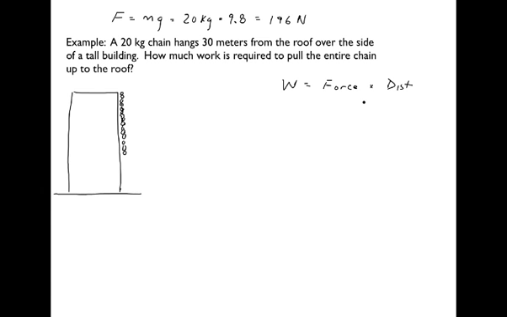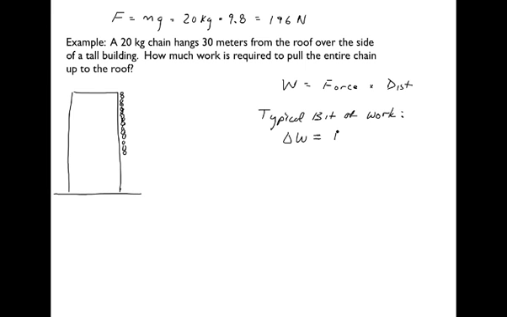But in this scenario, as you get chain onto the roof, you have less weight and so less force to pull the remaining chain. Okay, so what are we going to do? We're going to do a typical bit of work, which is going to be delta W equals what?